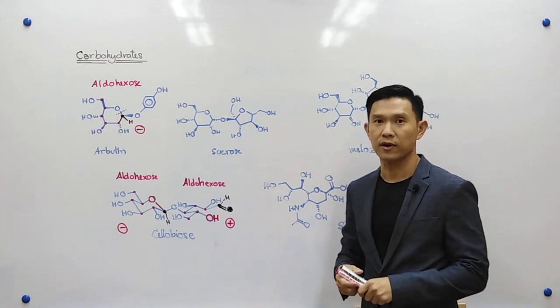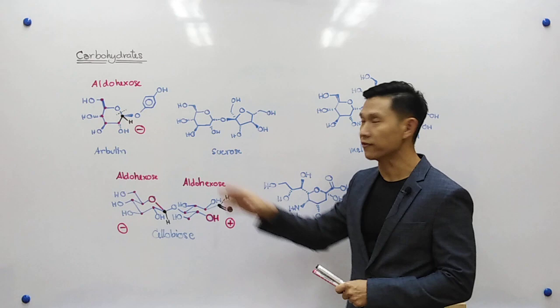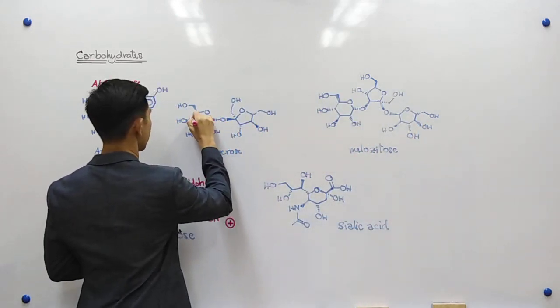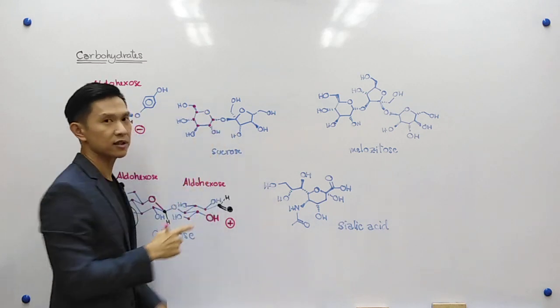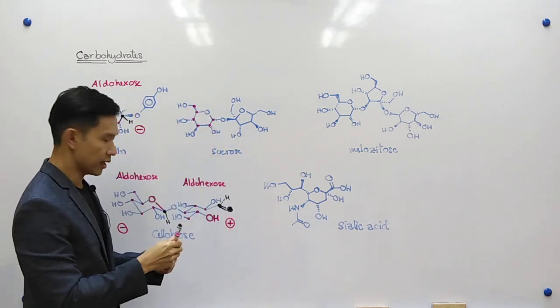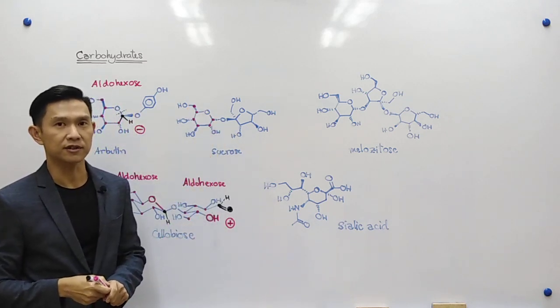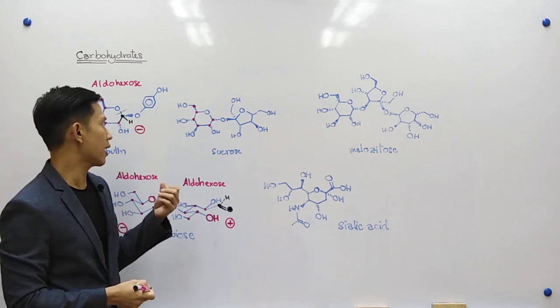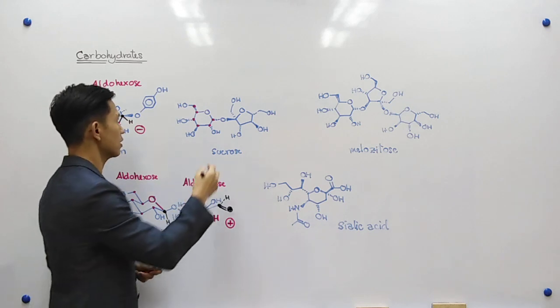If you count the number of carbon atoms in the left-hand ring, it is 1, 2, 3, 4, 5, 6. So the left hand is a hexose sugar. Again, you have to find the glycosidic carbon, the carbon which appeared as the carbonyl group.